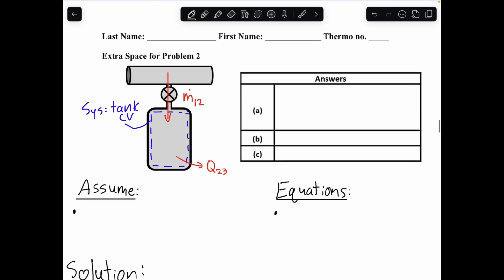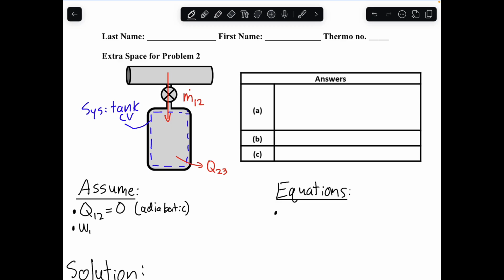And so we can just write some assumptions. So first, we've talked about a couple of them already, but we said that the heat transfer from 1 to 2 is going to be equal to 0 because that process is adiabatic. Then also, like we talked about, we're not going to have any work in this problem.